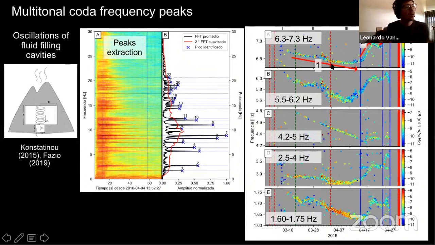What we see is this pattern with a decrease in frequency, which is what we typically see in other volcanoes, in Tungurahua, Galeras, and also in Japan. There's always this decrease of frequency before the eruptions. But in this case, we also see an increase and decrease of the frequency.